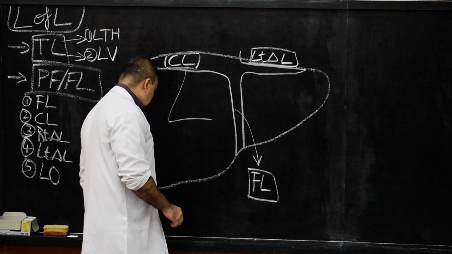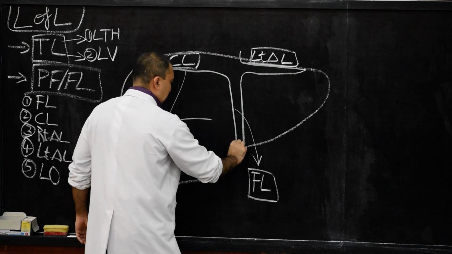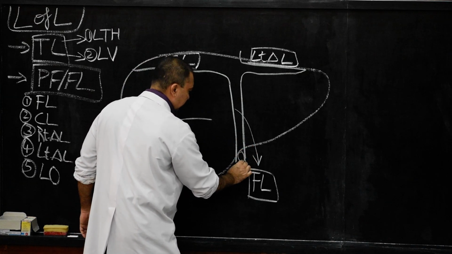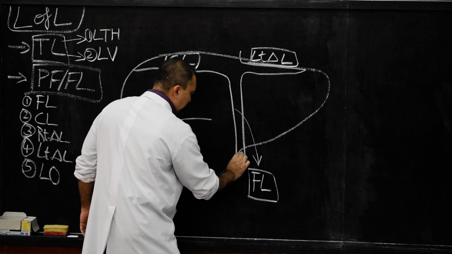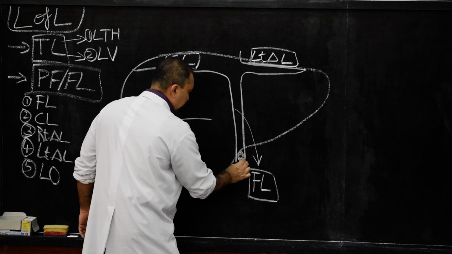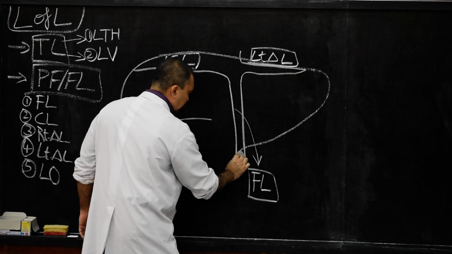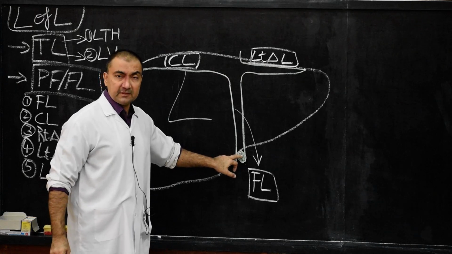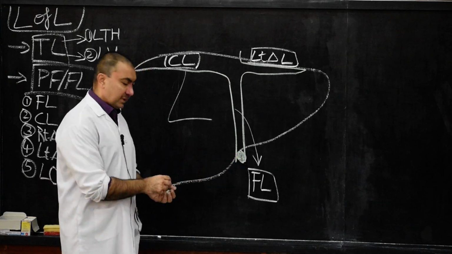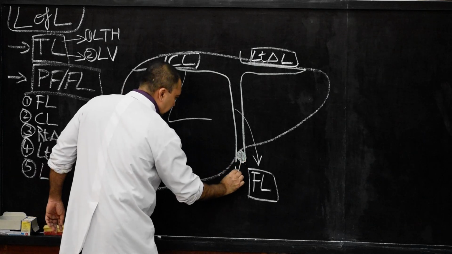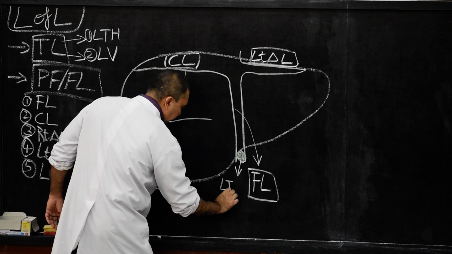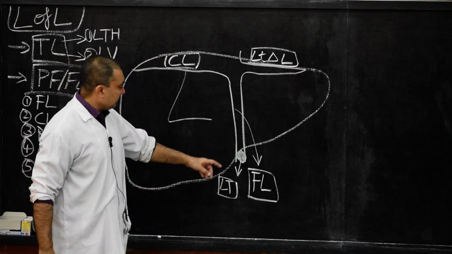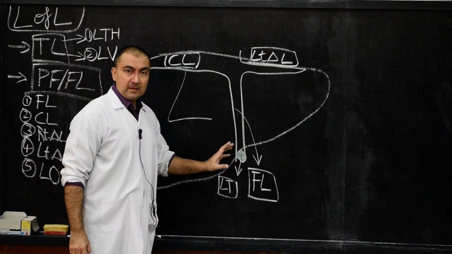Now here, this is the inferior free margin of falciform ligament, and within this inferior free margin you draw here, this will be the ligamentum teres hepatis. So we mark this as ligamentum teres, because it is a remnant of left umbilical vein.